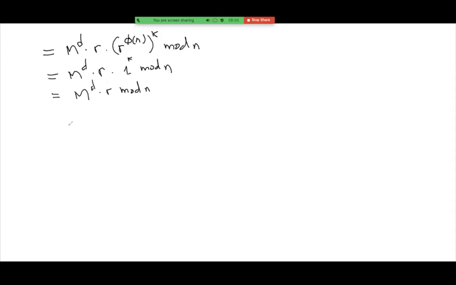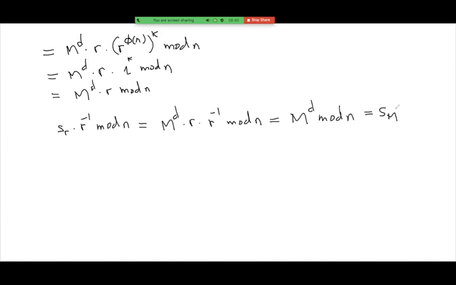So I'm sorry, that is S sub R. So if we multiply R inverse modulo N, then this is equal to M to the D's power times R times R inverse mod N. R times R inverse becomes 1, so we get M to the D mod N, and that is S sub M, the signature we really want to get from the signer.